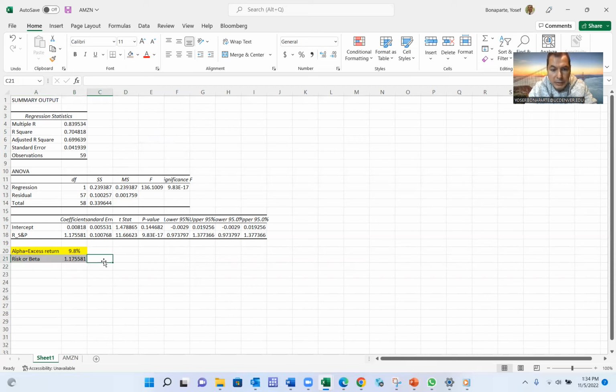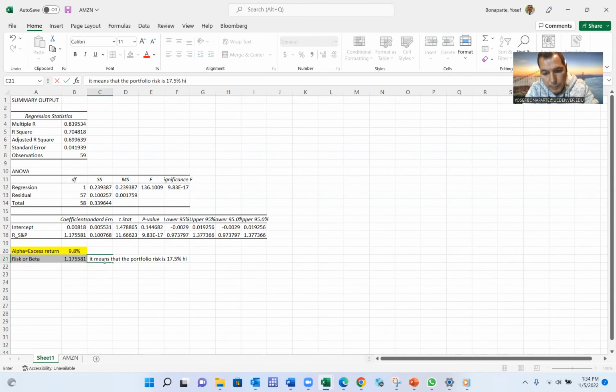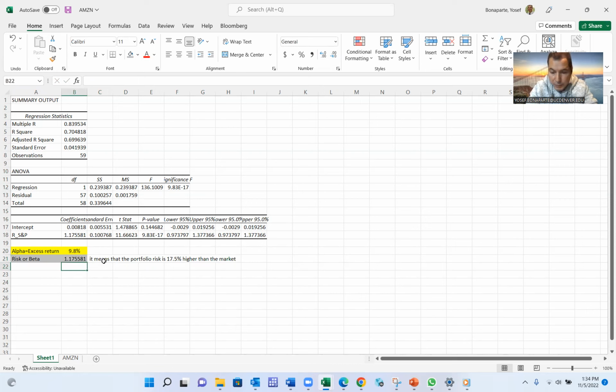And then it means that the portfolio risk is 17.5% higher than the market. So your beta is 1.17. That means it's 17%, which is equal to this minus 1, the benchmark.